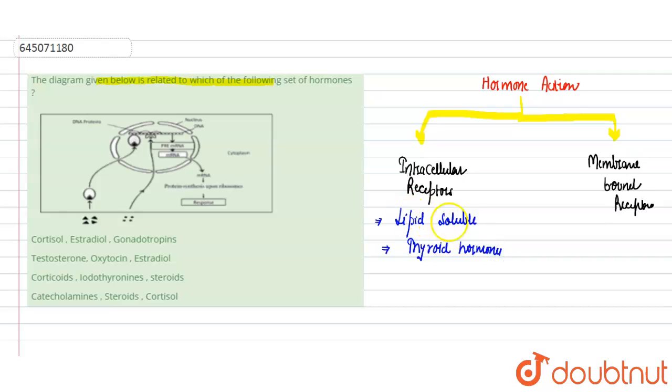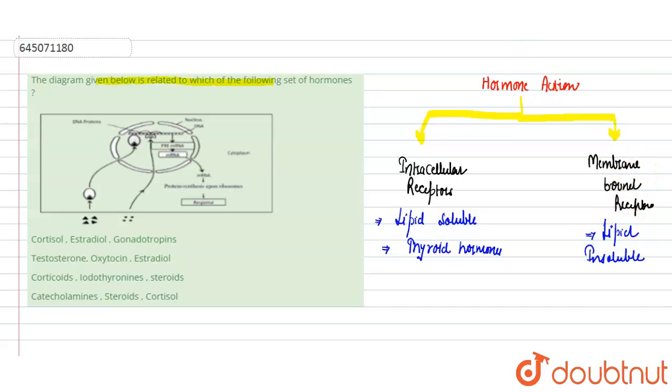Otherwise all lipid soluble hormones, which can cross the plasma membrane easily, don't need any membrane bound receptor. On the other hand, membrane bound receptors are used by lipid insoluble hormones, mainly peptide hormones, which can't cross the plasma membrane because of their polar nature, so they act via membrane bound receptors.